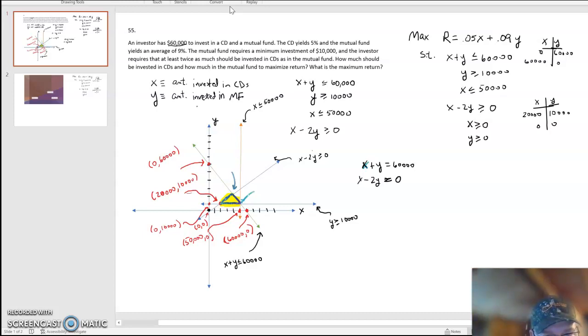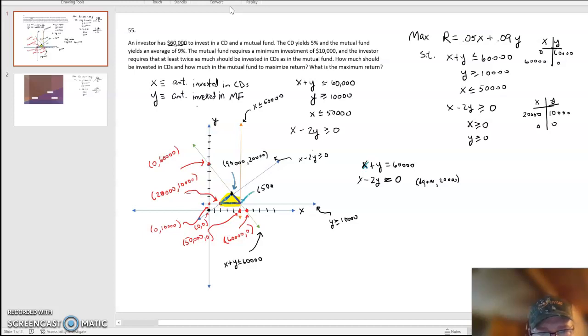The scale is pretty good. That is 10, 20, 30, 40,000 and 20,000. Over 40,000 and up 20,000. That's this ordered pair right here. Okay, and then this ordered pair you can see is 50,000, 10,000.